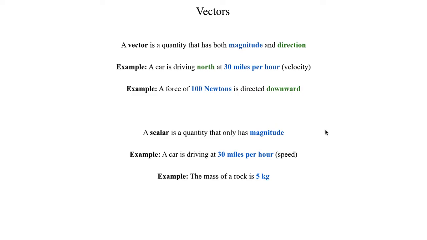Direction is irrelevant in the case of mass, and since direction is irrelevant, the only value you can report is a magnitude, hence why the mass of an object is considered to be a scalar. So again, a vector has both magnitude and direction. It can be any quantity that has both magnitude and direction, but a scalar only has magnitude. Direction is either not involved or it's irrelevant.